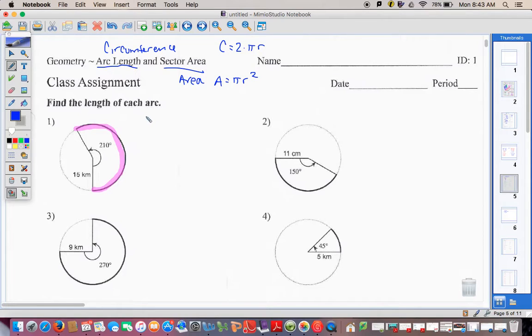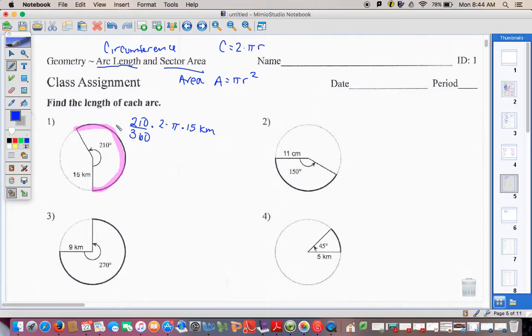We know a total all the way around is 360 degrees, but we're only going 210 degrees around. So we have 210 divided by 360 times 2 times pi times the radius of 15 kilometers.